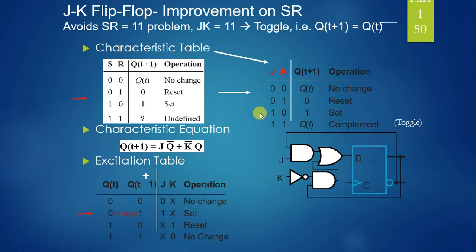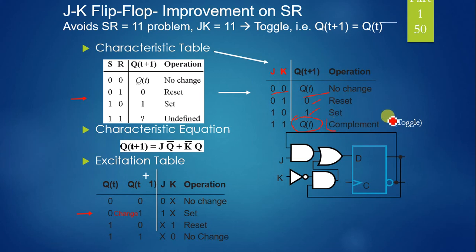Similarly, for the JK flip flop, we have the same concept as that of your SR flip flop. Here we have J and K and 4 combinations, directly giving Q of t plus 1, the next possible state, where 0 0 will yield Q of t, 0 1 will yield 0, which is reset, 1 0 will yield 1, and 1 1 will yield the complement of Q of t.